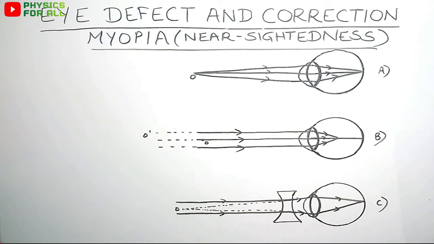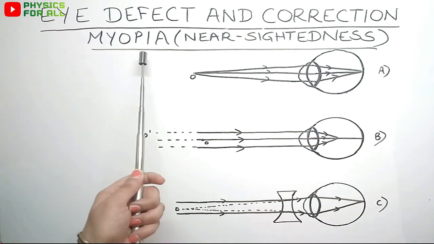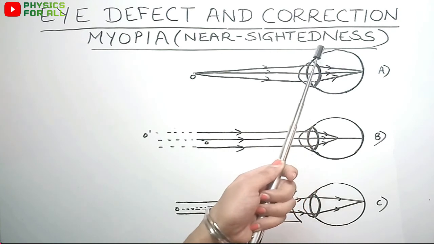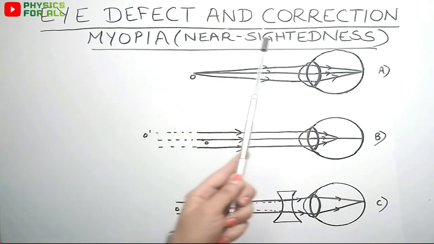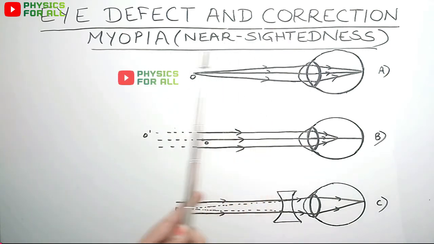So the first one is myopia. That means nearsightedness. Nearsightedness means a person is able to see nearby objects properly, but finds difficulty in seeing distant objects. So the person's near eyesight is good, but far eyesight is not good.